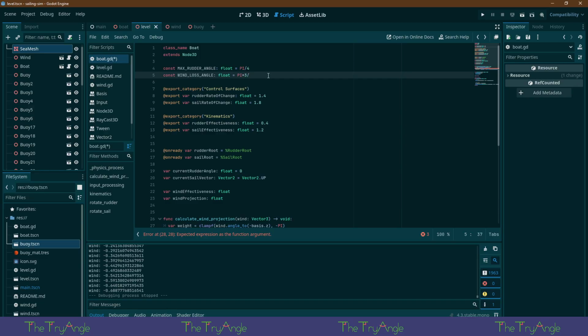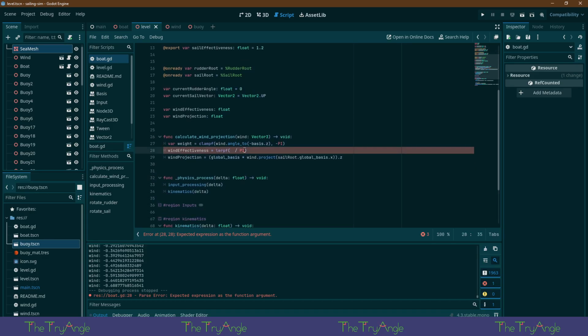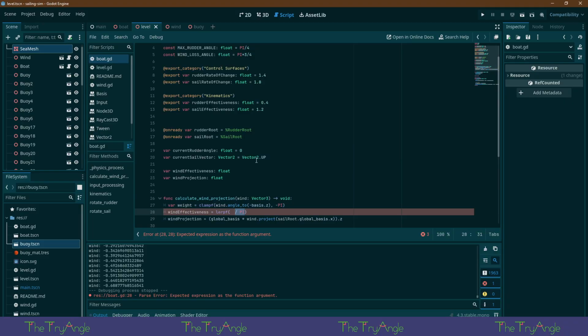Yes. All right, pi 3/4. Anything past that? Let's see, wind loss angle. Cool. All right, so we're clamped to this.